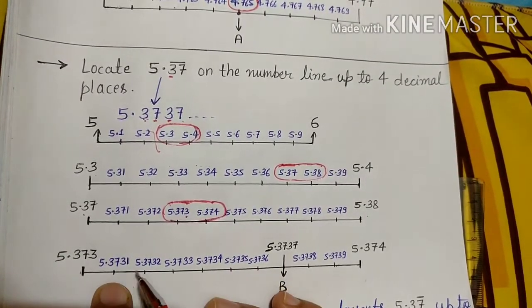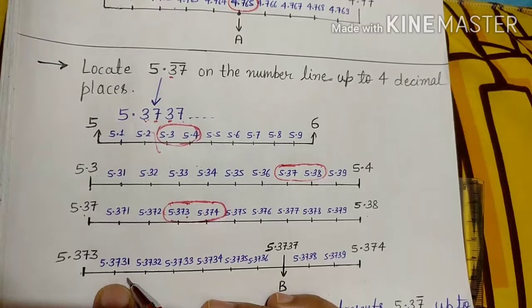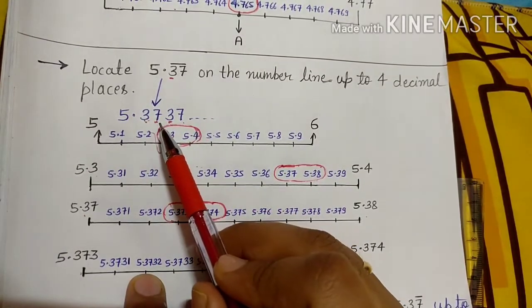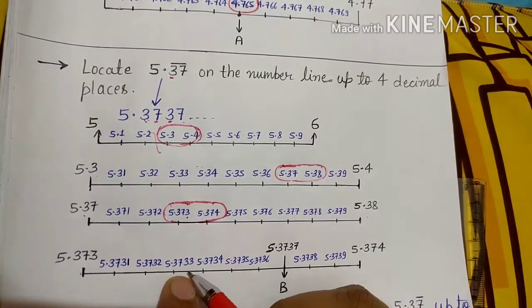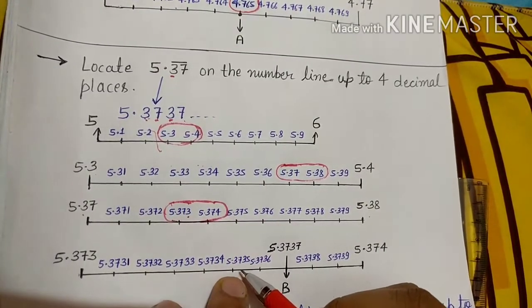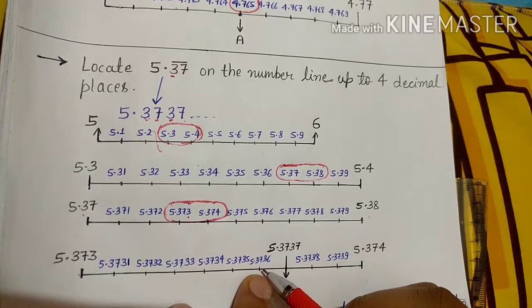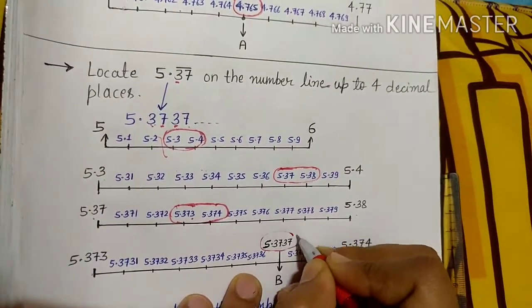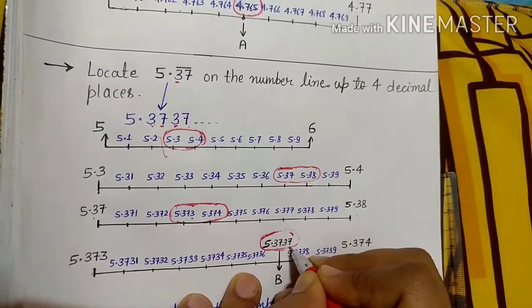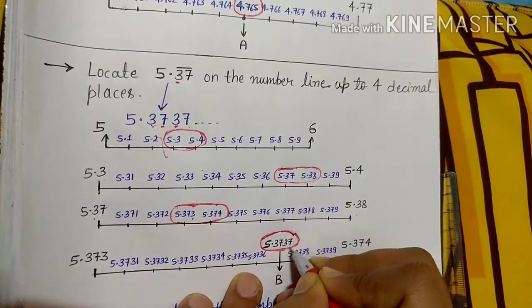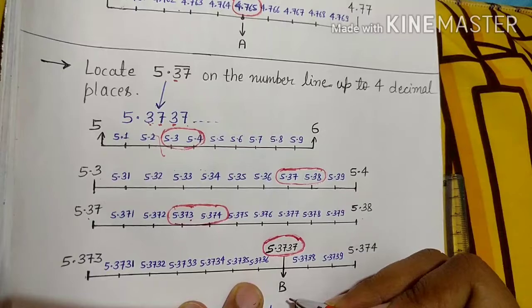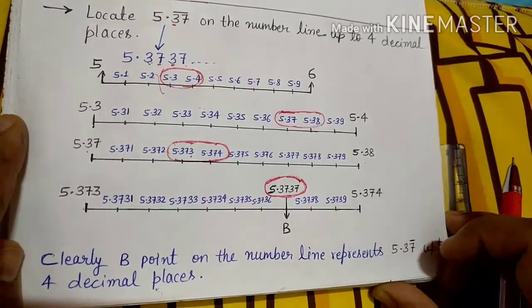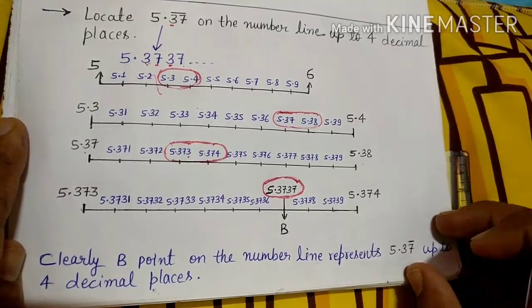So 5.3731, now 1 2 3 4 decimal places, 5.3732, remember what we are searching, we are searching 5.3737, 5.3733, 5.3734, 5.3735 and finally 5.3736 and 5.3737. This is the number which we are trying to locate on the number line. So we can denote it by point B. So clearly we can say that point B on the number line represents 5.37 bar up to 4 decimal places.